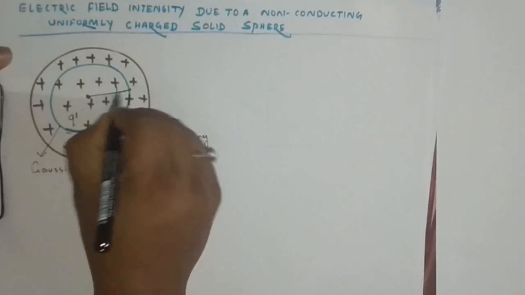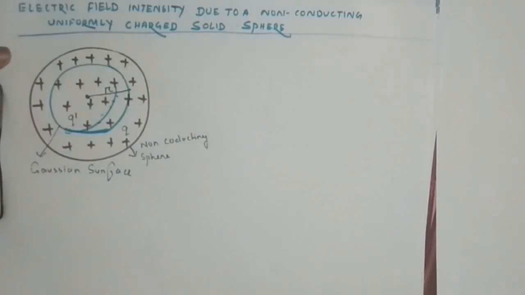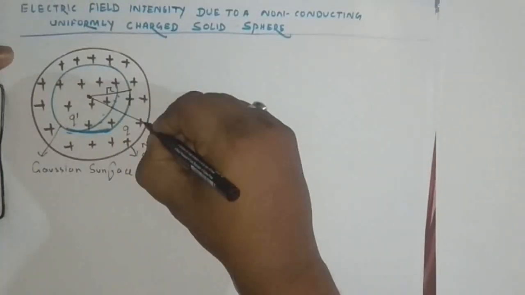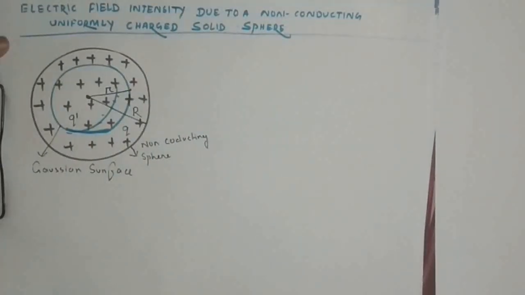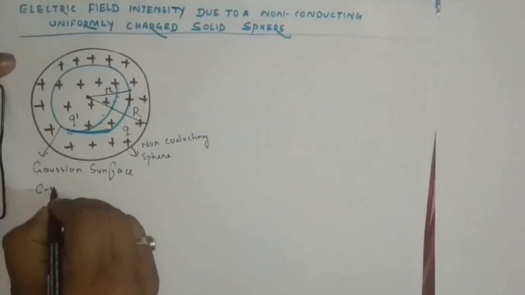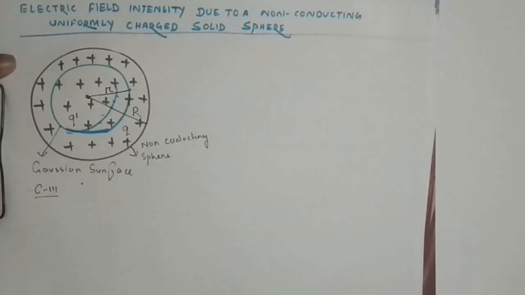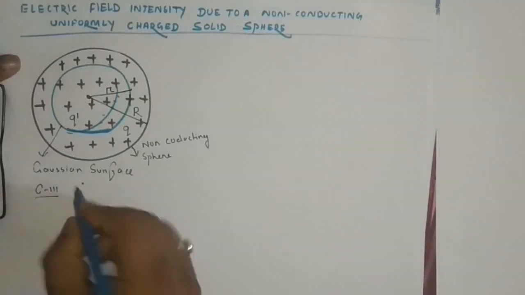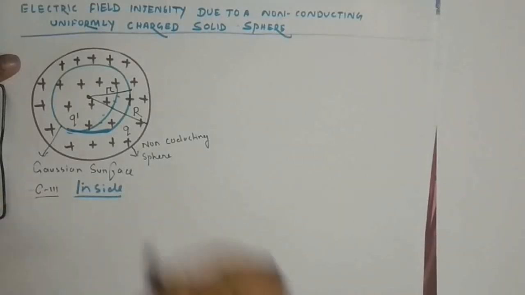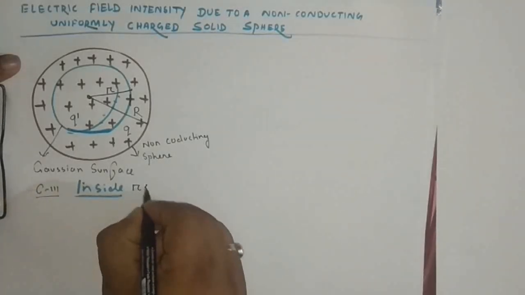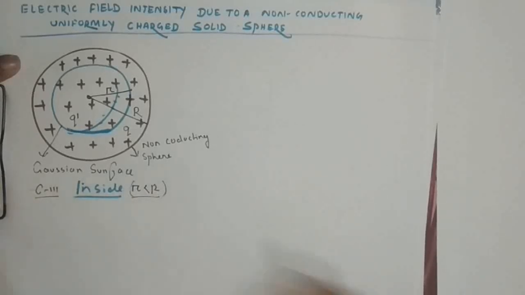This is the radius of the Gaussian surface. This is the radius of the original surface. Now, case 3 I want to tell you. What is that? Inside the sphere. For inside, that means my Gaussian surface radius is less than the original surface radius.